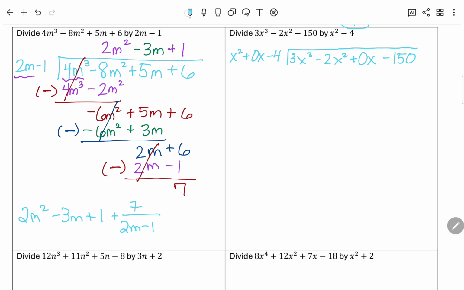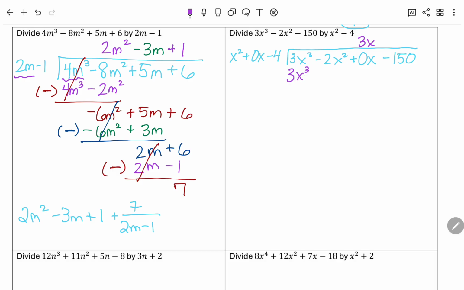Okay, let's see. I'm going to try to stick with the same colors. So remember, your goal is to create 3x cubed. You have x squared. So x squared times what gives you 3x cubed? 3x. And that goes here. Notice where I put it. I put it above the x column. So 3x times x squared gives me 3x cubed.